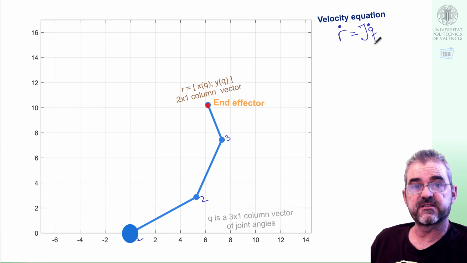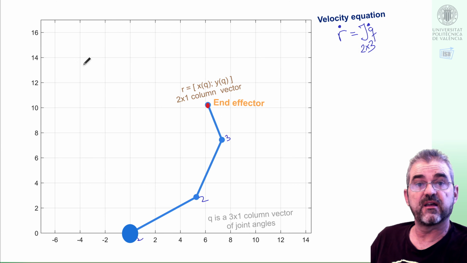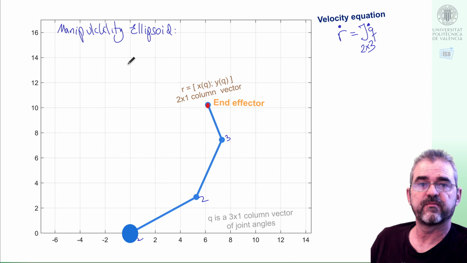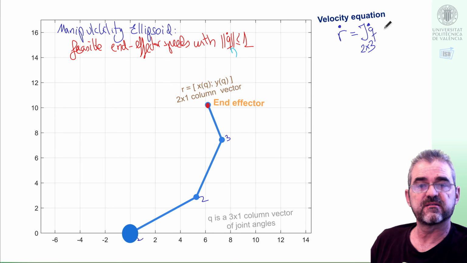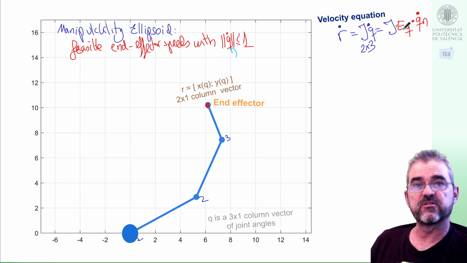If we were not interested in the orientation of the end-effector, then the Jacobian was 2 times 3, and we spoke about the so-called manipulability ellipsoid, which was the set of feasible end-effector speeds when the joint speeds were in the unit sphere. Maybe with some scaling you normalized, so this will be the scaled Jacobian and the normalized angular speeds in the unit sphere.